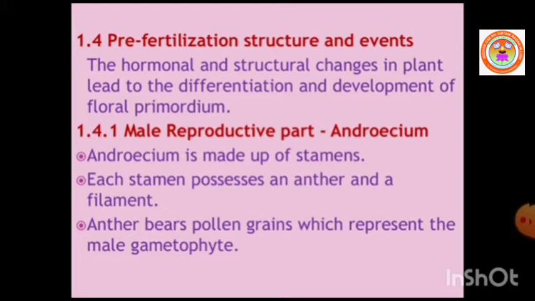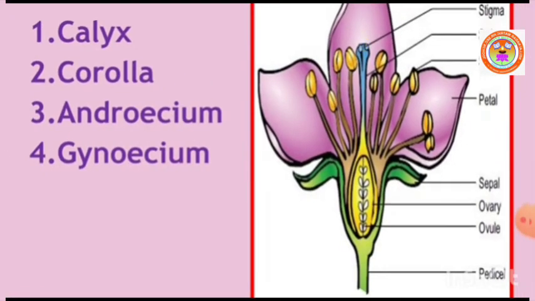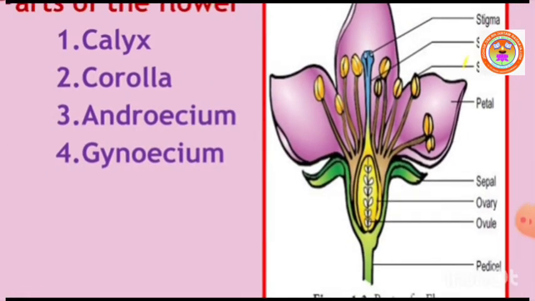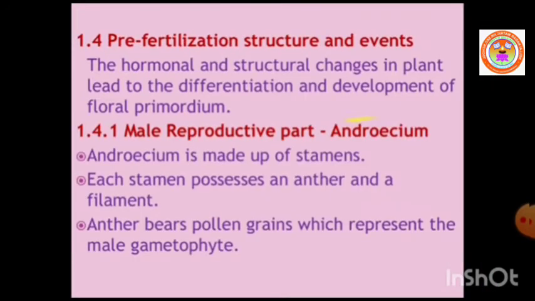Each stamen possesses an anther and a filament, which you can see in this picture. Androecium is made up of stamens, each stamen possessing an anther and filament. Anther bears pollen grains, which represent the male gametophyte.